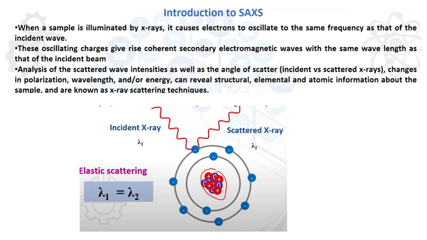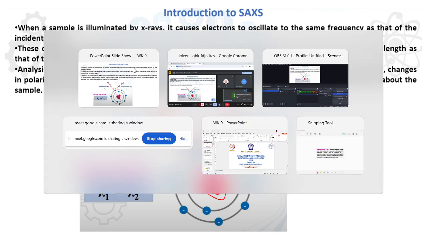Whatever the frequency of the incident X-ray, it will cause the oscillation of other electrons at the same frequency. When they are oscillated, the oscillating charge gives rise to a coherent secondary electromagnetic wave with the same wavelength as that of the incident beam.